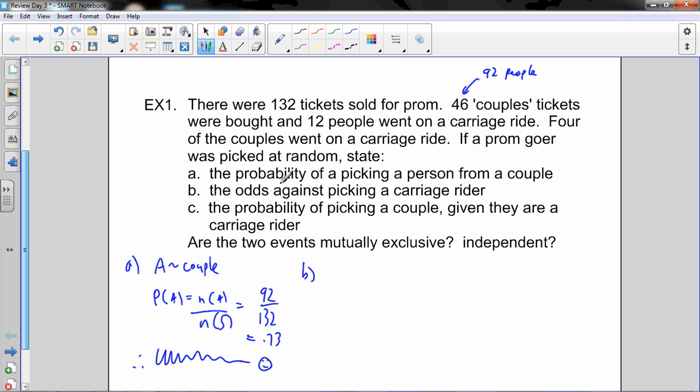B, the odds against picking a carriage rider. Well, odds against something, tiny little formula, the probability of that not happening to the probability of it happening. And the event would be a carriage rider, right?